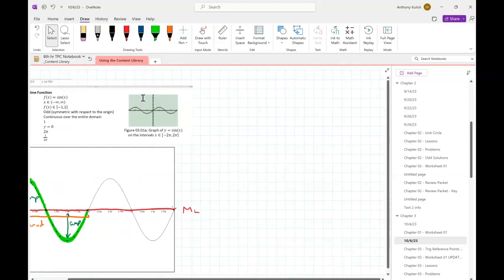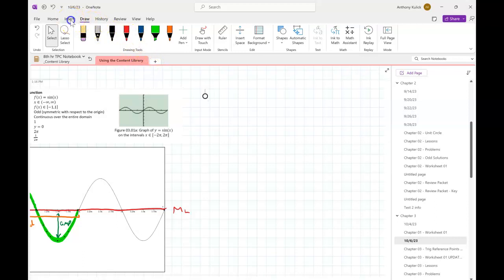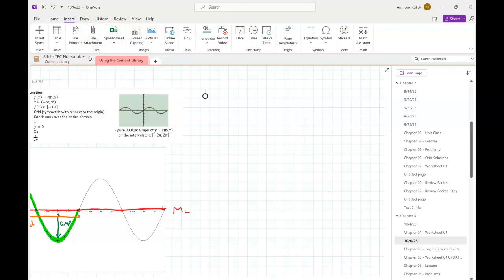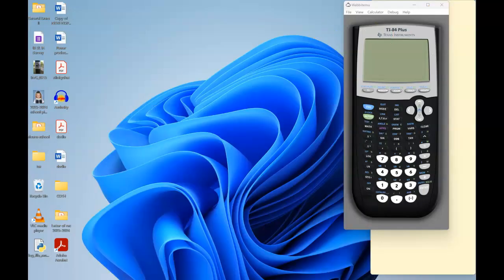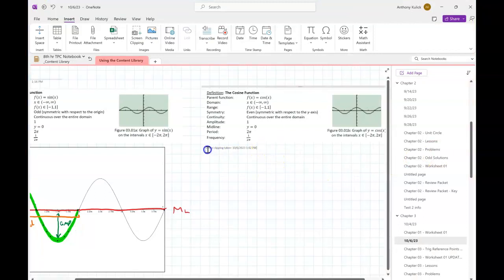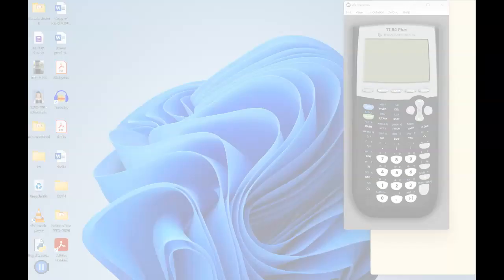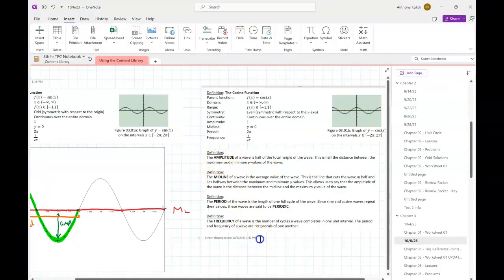All right, I'm going to info dump the cosine stuff because it's basically the same thing, except the graph looks ever so slightly different. And then I'm going to dump in the word definitions for amplitude, period, frequency, all that jazz. All right.